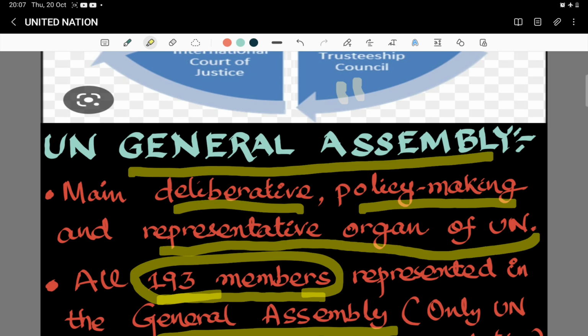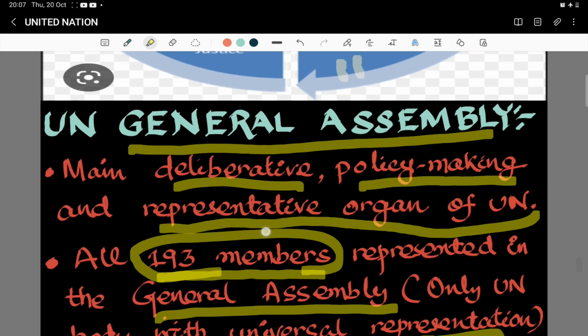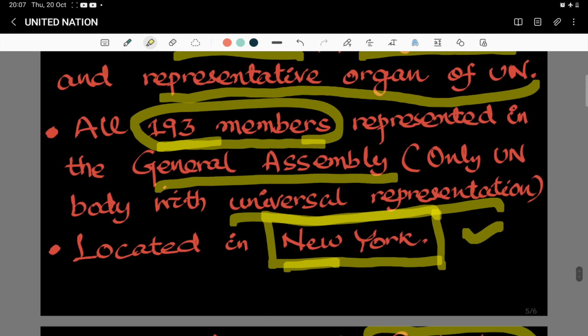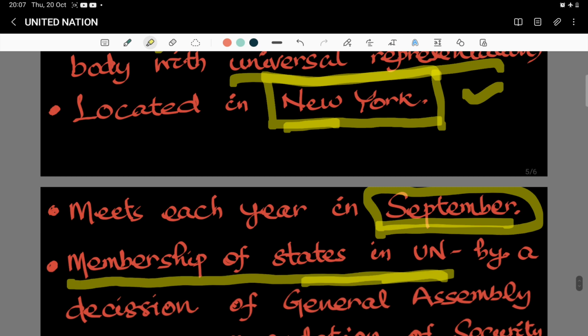It is the main deliberative, policy making and representative organ of the United Nations, and it is the only UN body of universal representation, because here all 193 member states are represented. It is located in New York, the headquarters of the United Nations, and it meets annually in September.